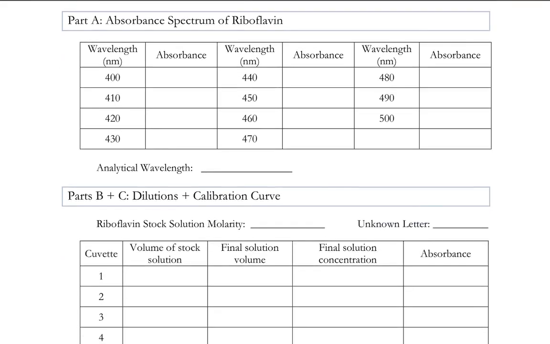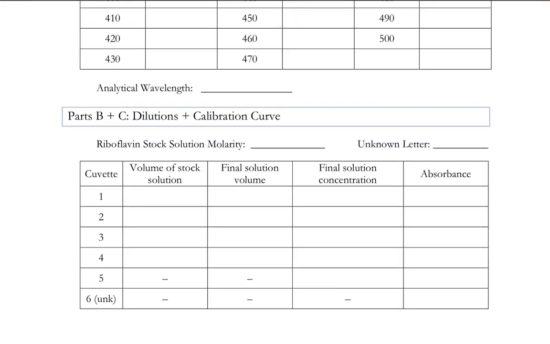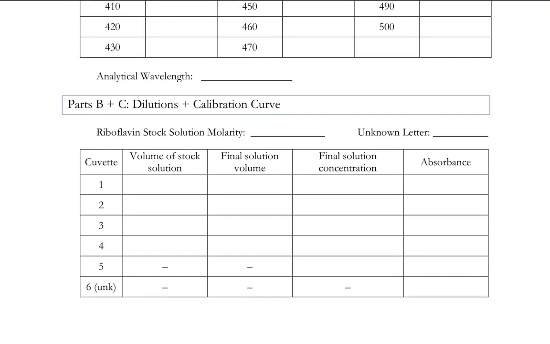And then parts B and C, we have the dilutions. I will give you the riboflavin stock solution molarity in the experiment video. Unknown letter, okay, I'll give you that as well, or maybe I'll forget, but it won't matter.